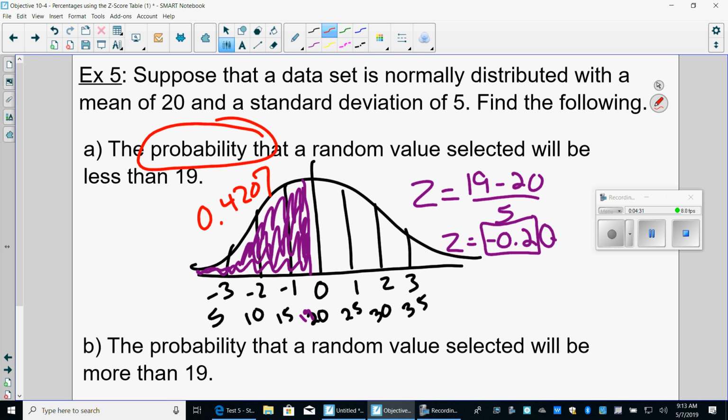All right. Let's go to part B. My question now says, what's the probability that it will be more than 19? So I'm going to shade more than 19. So we want this side this time.